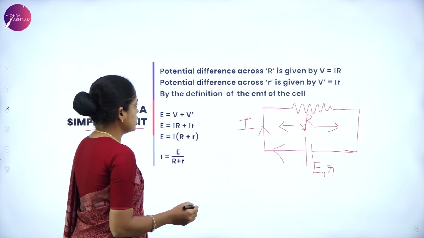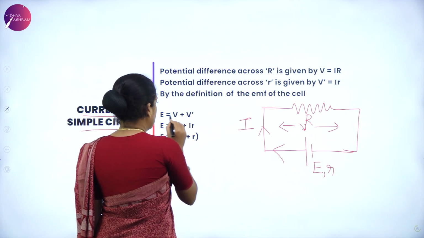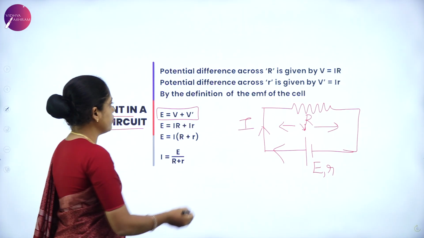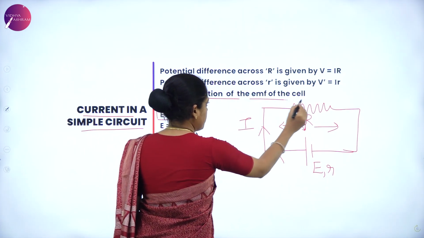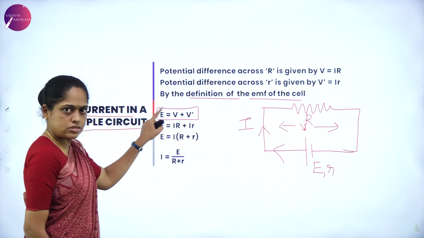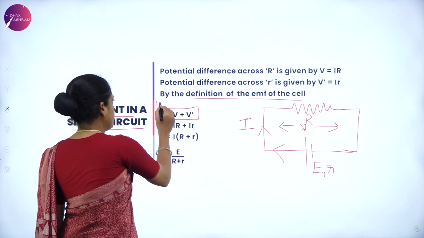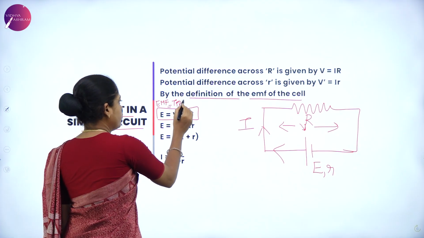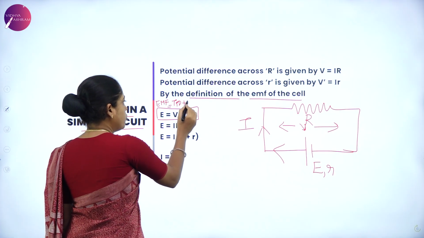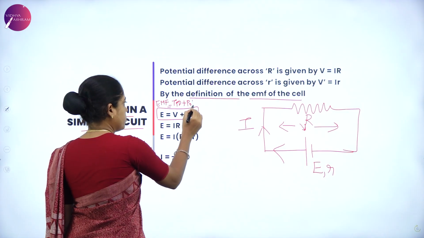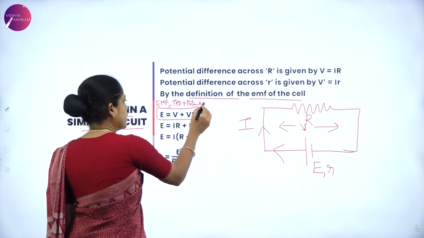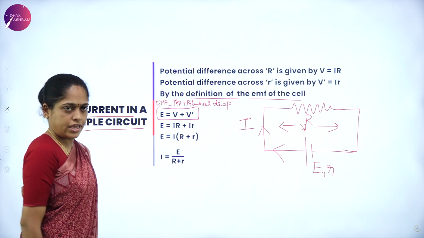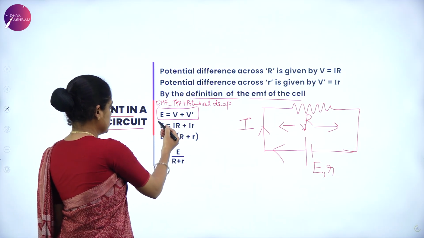Now, you know the relation between the EMF and terminal potential difference, or by the definition, EMF is equal to terminal potential difference plus potential drop due to internal resistance of the battery. Yes, EMF is as it is.